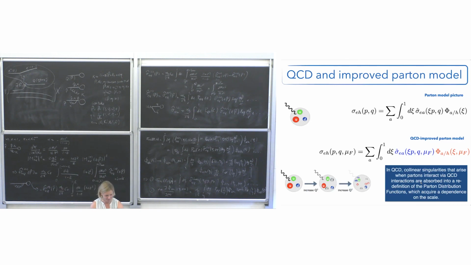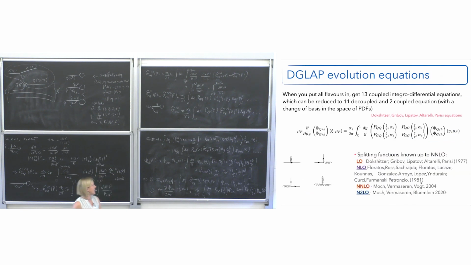Okay, good. So here I just pretended that there was only one quark and one gluon inside the proton, but when you do the full thing, when you put all the flavors in, what you get instead of this equation is a 13 coupled integro-differential equations, which are called the DGLAP equations, after the people who discovered them, and actually the original papers are really beautiful to read.